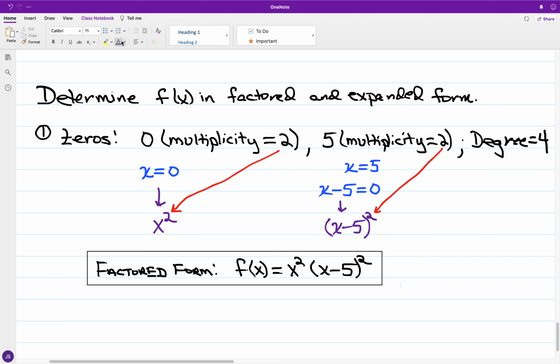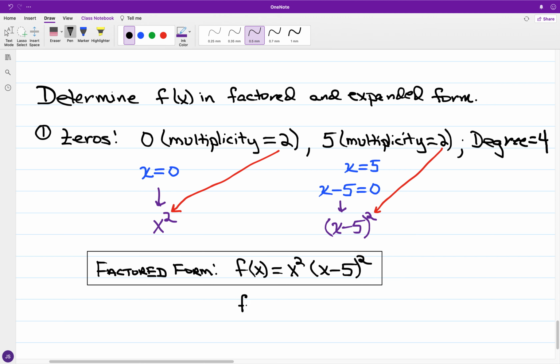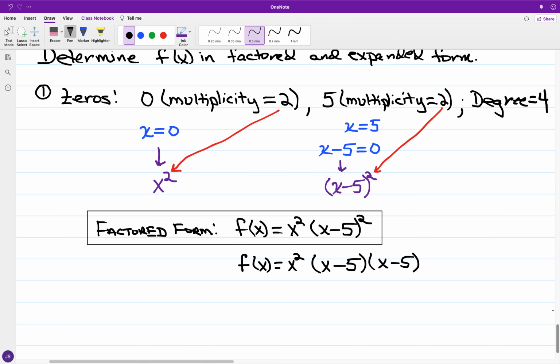And looking at creating the expanded form of this, in the intermediate stages you have x squared. Now for the square of x minus 5, you could square the binomial and form the trinomial right away. That is one approach, or just keep in mind that the square of x minus 5 is x minus 5 times itself.